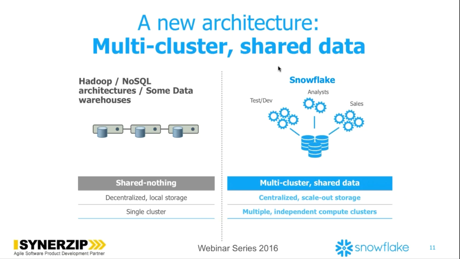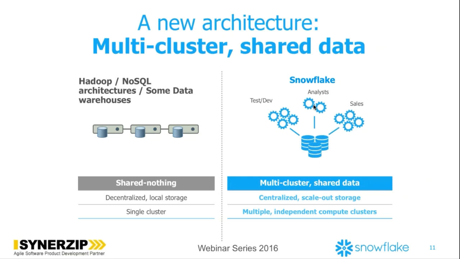And you have to keep in mind that data marts don't have a shared storage, right? So in a data mart, they're basically sending out the data and replicating the data across different data marts. In this instance, for example, we are just creating warehouses. So this test dev is a warehouse as a compute resource.